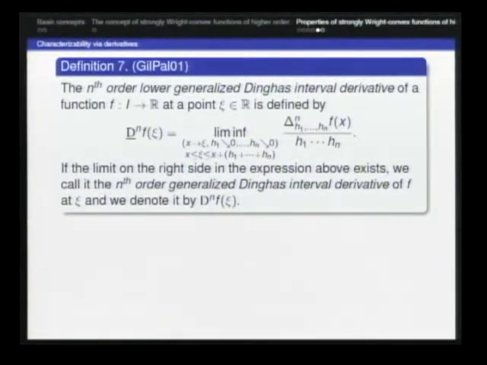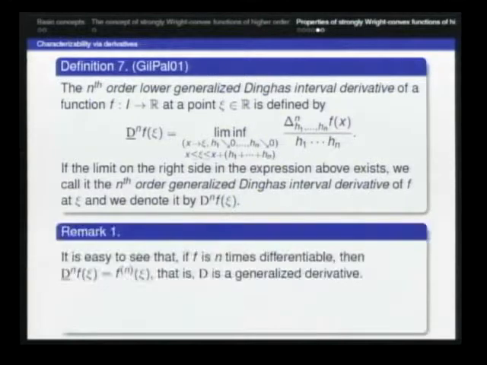If the limit of the expression also exists in this sense, in this interval limit sense, then we denote it by d n f xi. It is not so easy, but it is not very complicated to prove that this d lower n f xi is a generalized derivative.